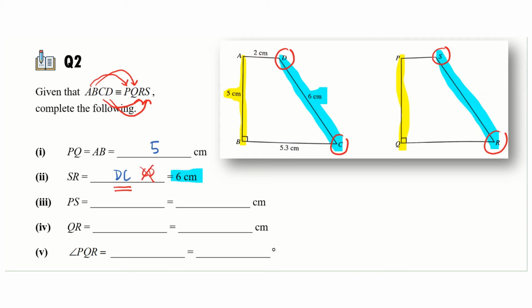Please be careful in how we write the letters, the way that it is sequenced, when we talk about congruence or similarity.